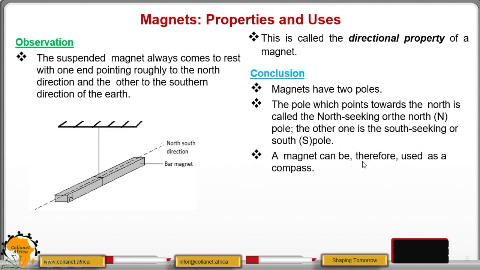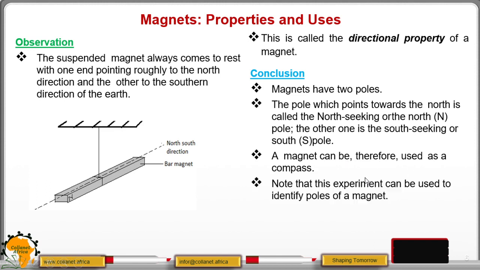Therefore, a magnet can be used as a compass to show direction. Note, in this experiment, it can be used to identify the poles of a magnet, so that when you suspend this bar magnet, you just look at the end that is pointing geographical north, and you will know that end is a north pole. And the one that will be pointing geographical south, that end will be a south pole.